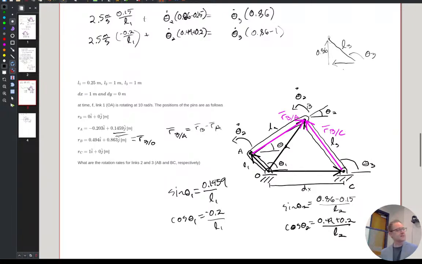And then the position to get back to point B is go forward by 1 meter and then go backward by 0.86. So overall it's negative, like 0.494? Oh, sorry. Yeah, you're right. There we go. I was rushing.